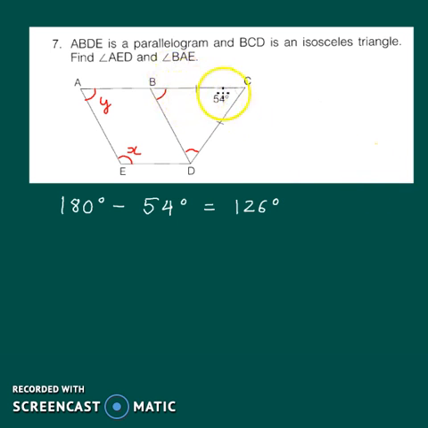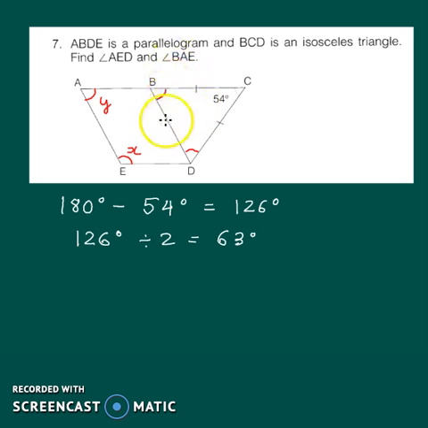So between angle CBD and angle CDB, there are 126 degrees, and those two angles are equal. So I'm going to cut that in half to find out how much each angle is worth. 126 degrees divided by 2 gives us 63 degrees.